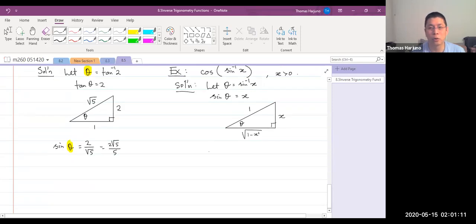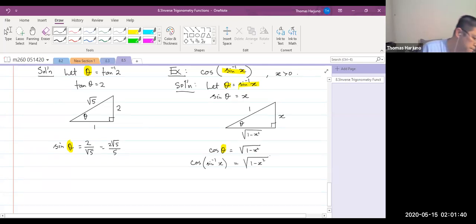Okay, so cosine theta will be square root of 1 minus x squared over 1. If you want to write it even more explicitly, that's the same as saying cosine of sine inverse x equals square root of 1 minus x squared.